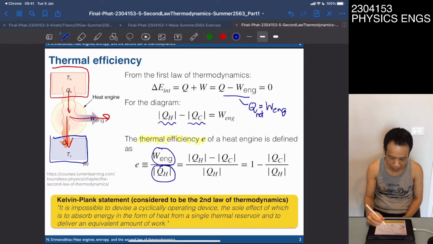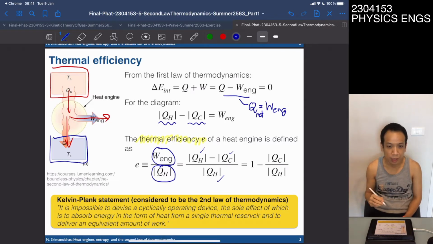And you know that the work from the engine equals Q from the hot reservoir minus Q from the cold reservoir, divided by the absolute value of Q from the hot reservoir. So you get 1 minus absolute QC divided by QH.